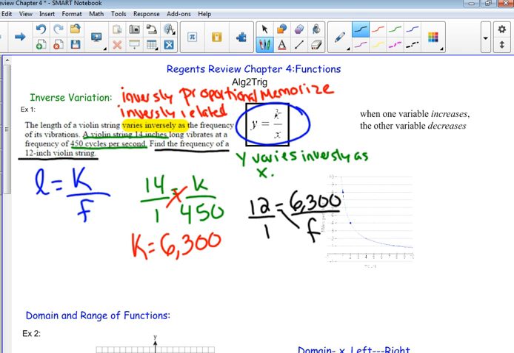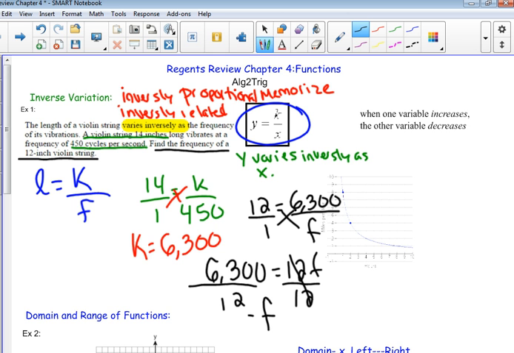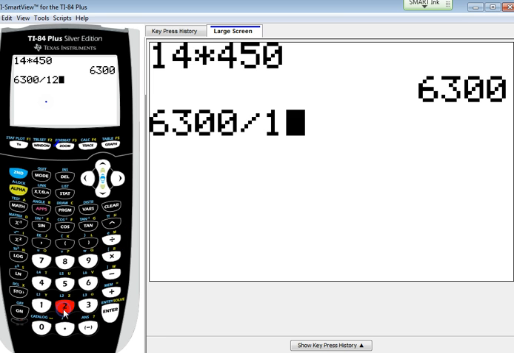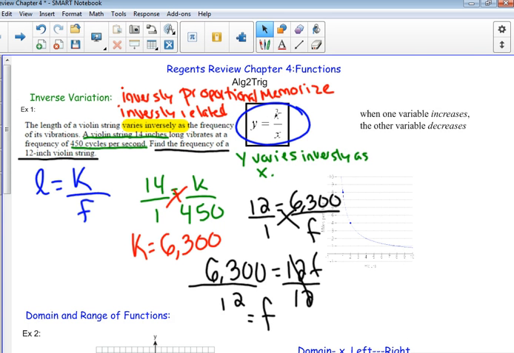Now we're going to do our cross multiplying again. Anybody need calculators? The frequency comes out to be 525.